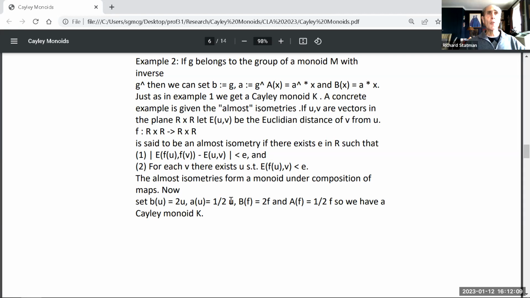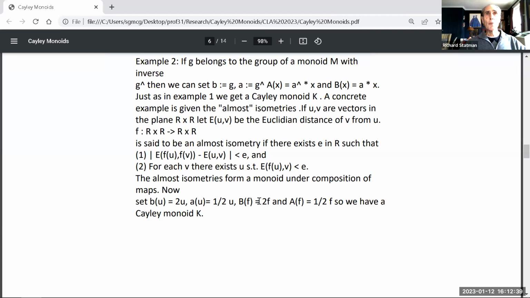In that group, for example, are the maps where you can blow up a vector or cut it down. You know, we're contracting here. So let A of U be half of U, and B of F be the map that blows it up. Remember, little a's and b's are maps here, and capital A's and capital B's are maps of maps.